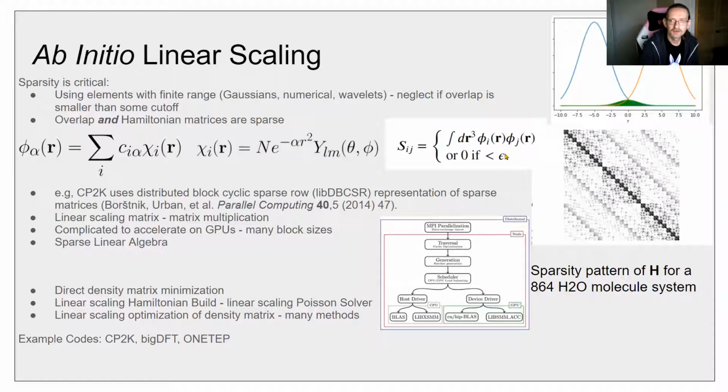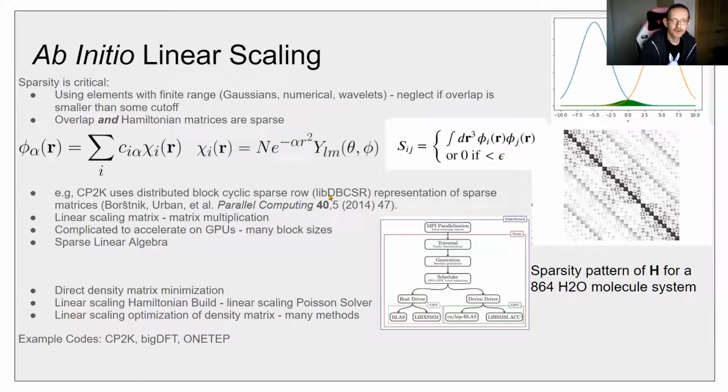And depending on the setting of the epsilon, the number of pairs that we need to consider is far smaller than the potential number of pairs in the system. And so with a careful choice, we can get a sparse representation of the Hamiltonian matrix and the overlap matrix. And this allows sparse matrix algebra to be used in many places in the code.